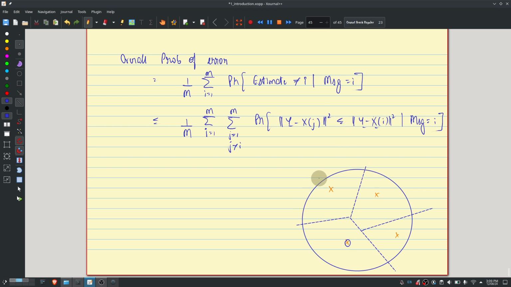Similarly, this region is the set of all points in space which are closer to this particular code word than any of the other code words, and so on. So, the actual probability of error is the probability that you transmit something, but you receive something in one of these other regions. That's the true probability of error, given that this particular code word was transmitted.